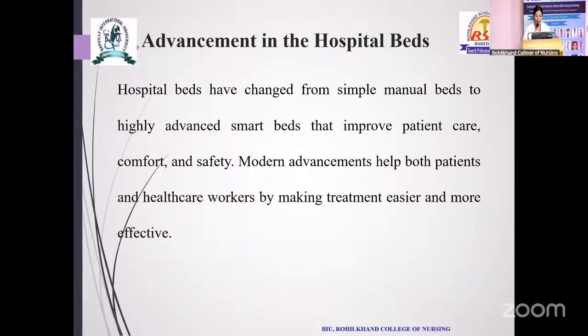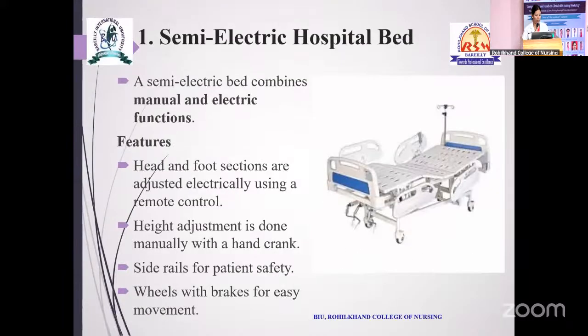And some advancements in hospital beds. Hospital beds have changed from simple manual beds, and there are different types of hospital beds. A semi-electrical bed has both manual and electrical functions.